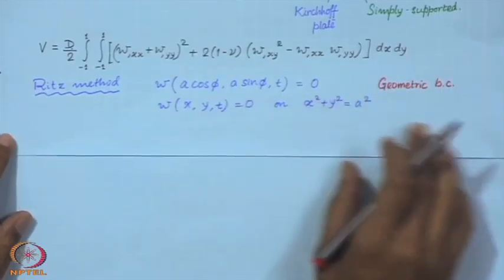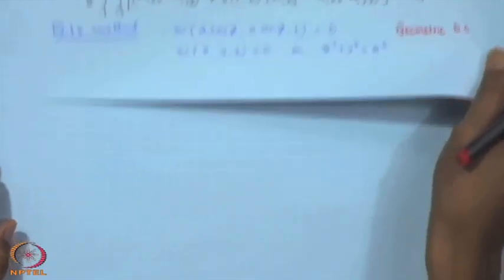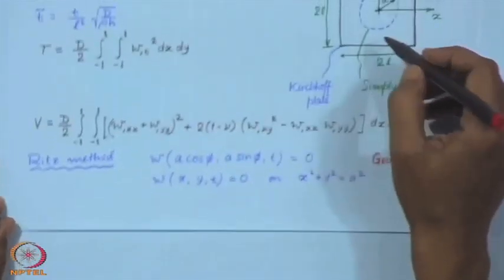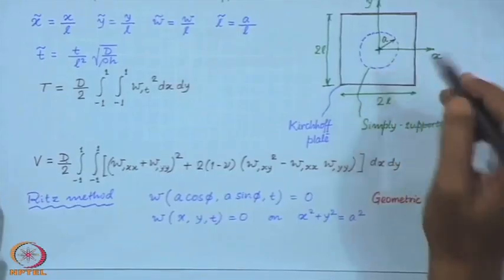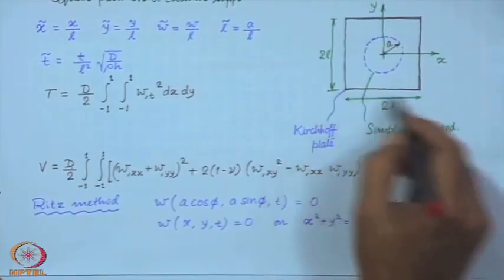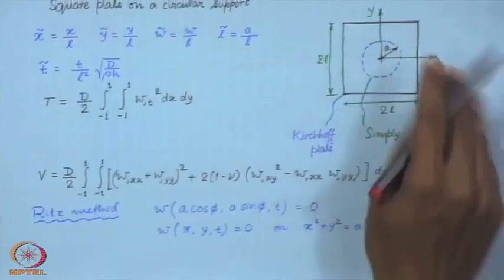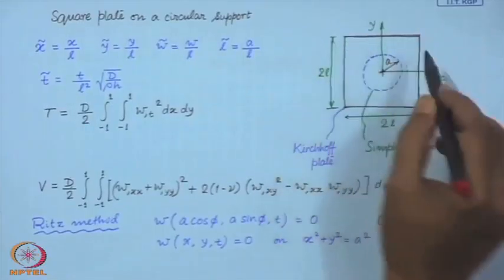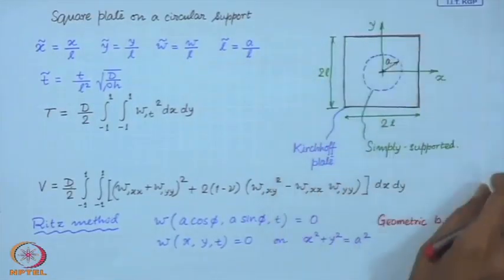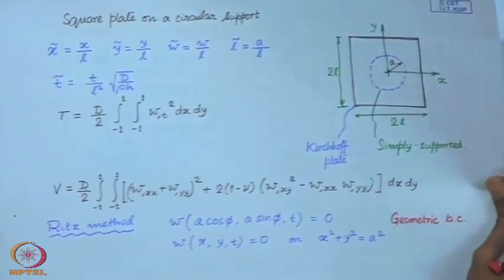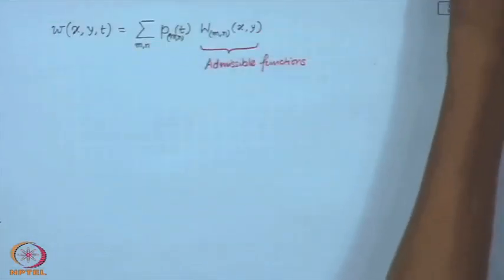So, we have a geometric boundary condition in this problem, and of course, there is a 0 natural boundary condition also. Here on the edge, these are free edges. So, we have again natural boundary conditions at the free edges.